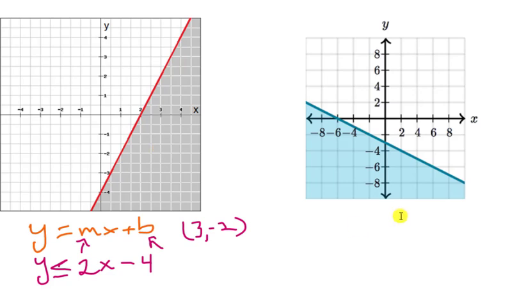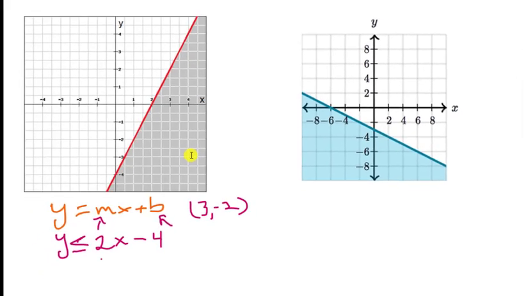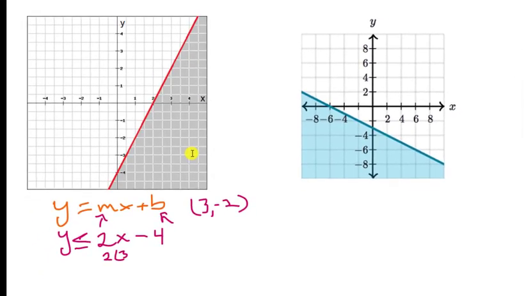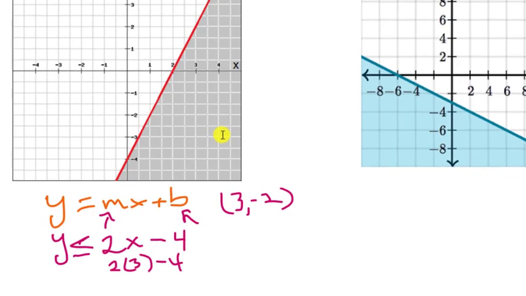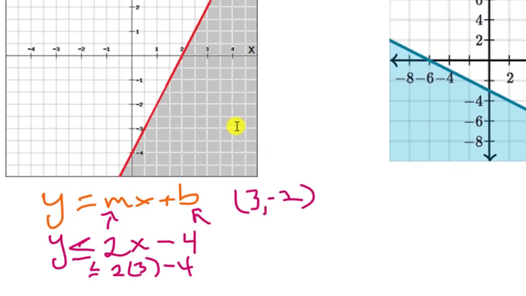Since that pair is in this shaded region, if it makes my statement true, that proves that my statement is correct. So for x, we're going to plug in 3. So that will be 2 times 3 minus 4 less than or equal to my y value, which is -2.